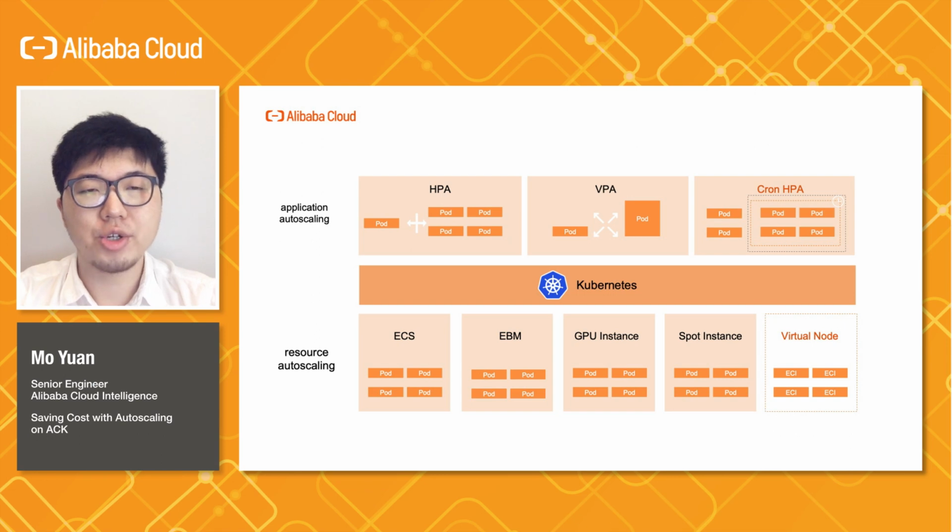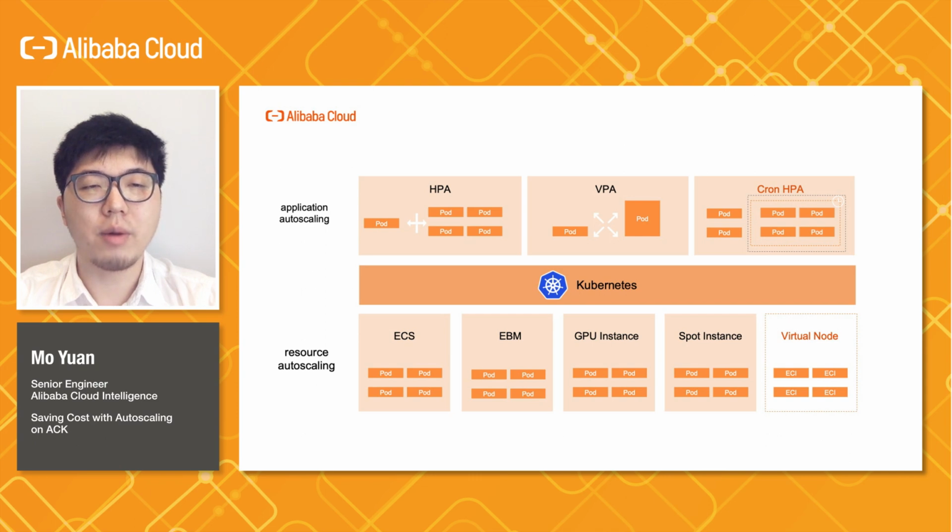Here's the architecture of autoscaling on ACK. We have two kinds of autoscaling categories: application autoscaling and resource autoscaling. HPA is horizontal pod autoscaling. You can use HPA to autoscale pods based on metrics.